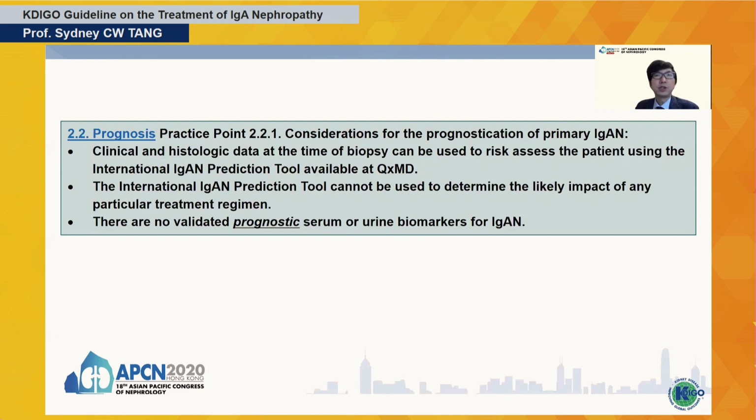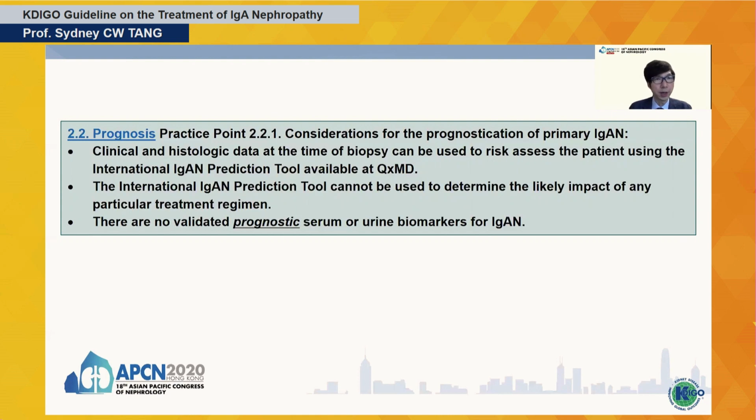Note that this tool cannot be used to determine the likely impact of any particular treatment or to determine which therapeutic regimen to use. And there are no validated prognostic serum or urine markers currently available for IgAN.